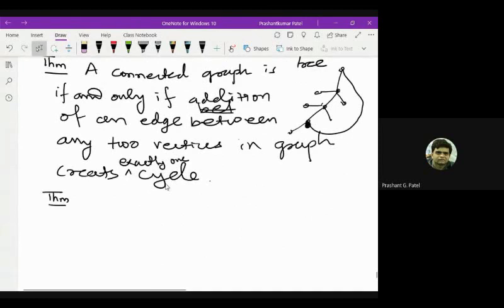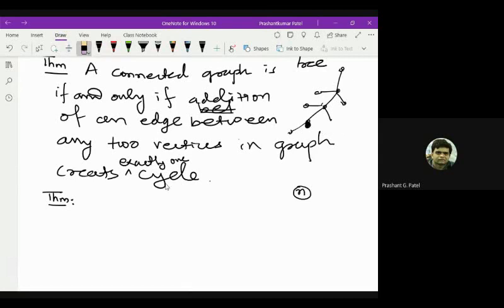Now the next question I can ask you: if a tree has n vertices, then how many edges does the tree have? For example, here we have a tree.